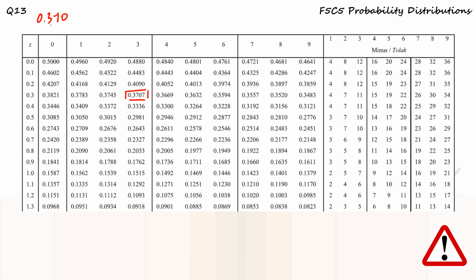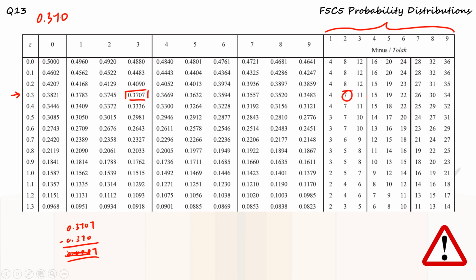So there is a big difference between these two values. Okay, so I need to minus them first. If I minus them, it will be 7. The other values I don't need to care about. I just need to care about the value at the back, and this value I need to search from this part, the other columns. Okay, so from this row, you can see that the 7 is here.